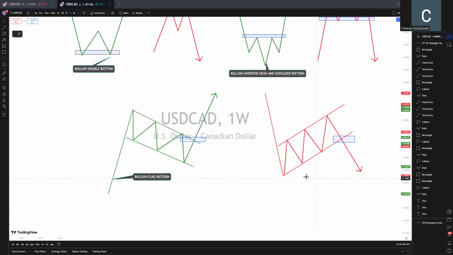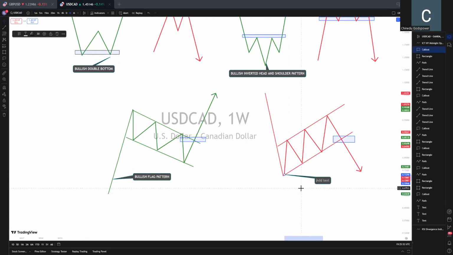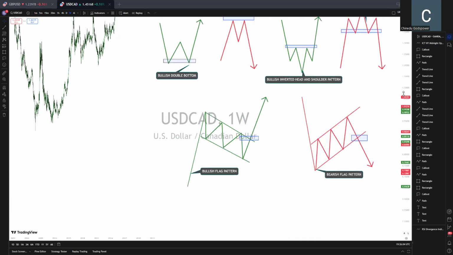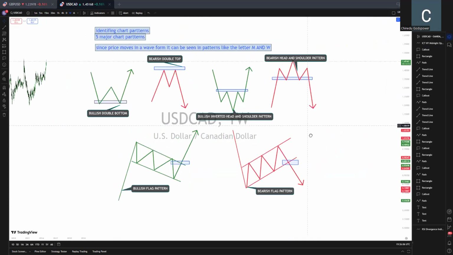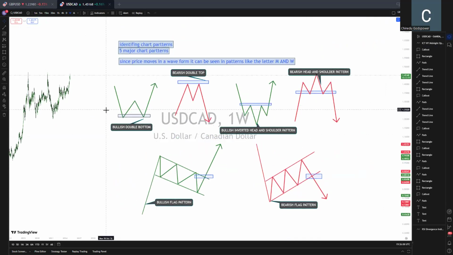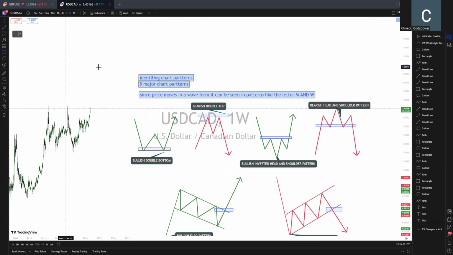All right, so this is a bearish flag pattern, representing sells. So you see these patterns here, the red represents bearishness. I'm going to type this here.